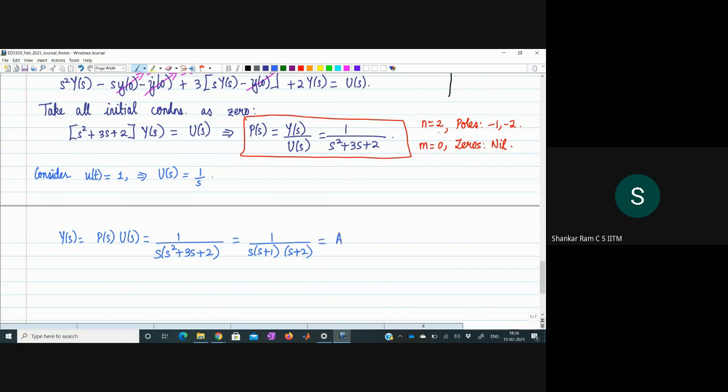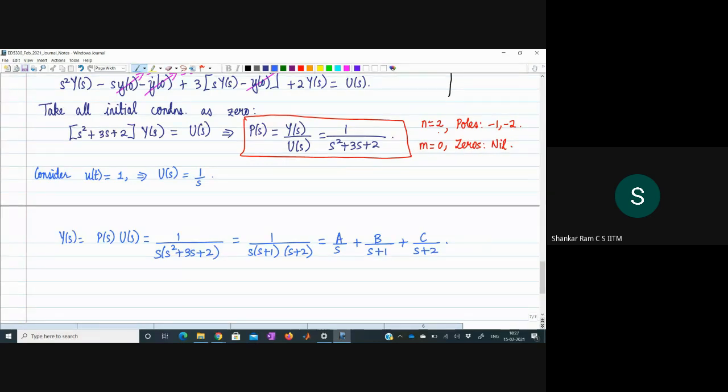And we can rewrite this as a by s plus b by (s plus 1) plus c by (s plus 2). Okay, so that's how this could be rewritten, right? So essentially, we do the partial fraction expansion, right? So that's what it is called, and a, b, c are what are called the residues, right?